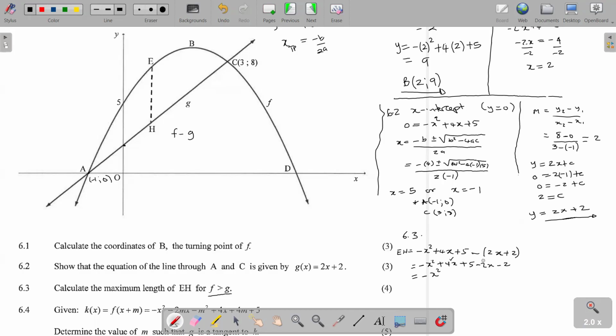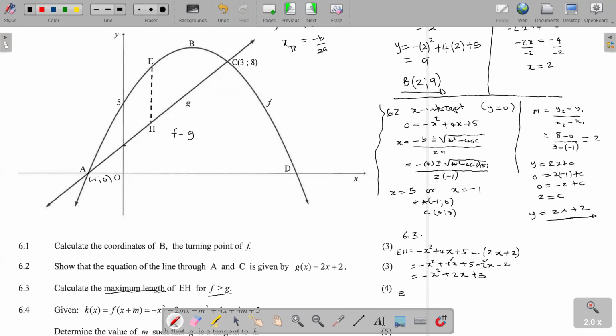This one and this one, they are like terms. So plus 4x minus 2x, we get plus 2x. Then plus 5 minus 2, we get 3. This is the distance of EH in terms of x. But here they are now talking of the maximum. The moment we see maximum, it means we have to differentiate this distance.